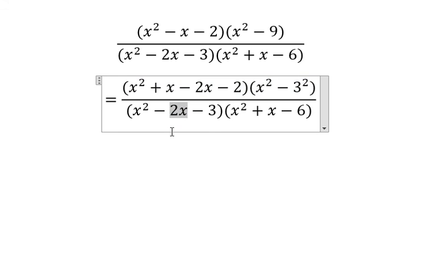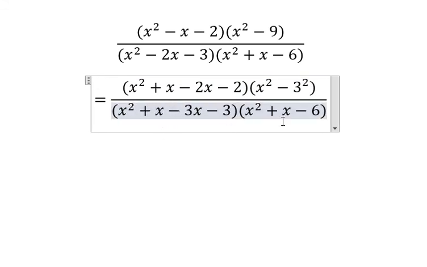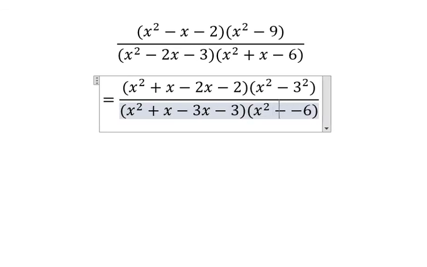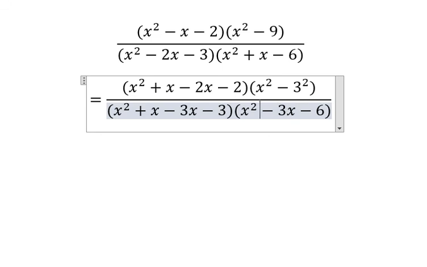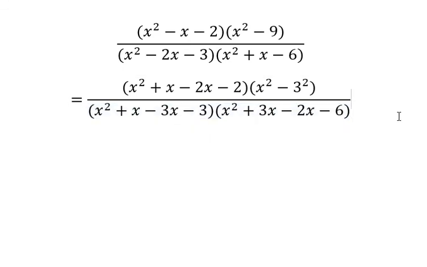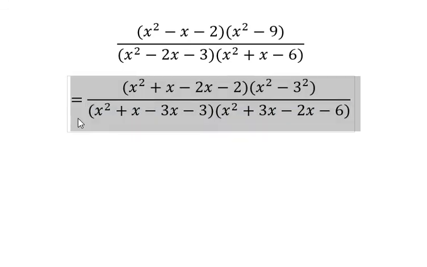This one I can put into negative 3s plus s. This one I can put into positive 3s minus 2s. And now we need to factorize everything in here.